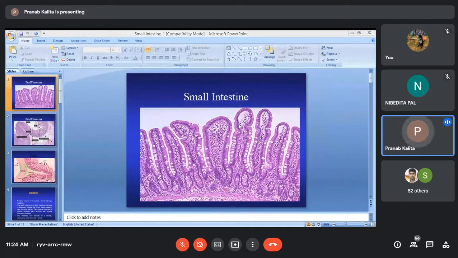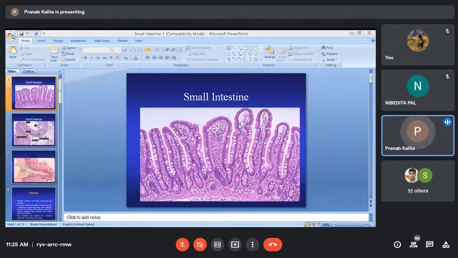The intestine has two parts. One is called the small intestine, the other is the large intestine. The small intestine is divided into three segments: duodenum, jejunum and ileum. The large intestine is again divided into three segments: cecum, colon and rectum.